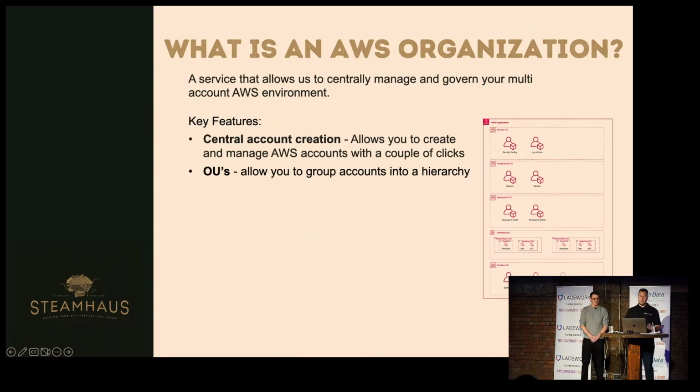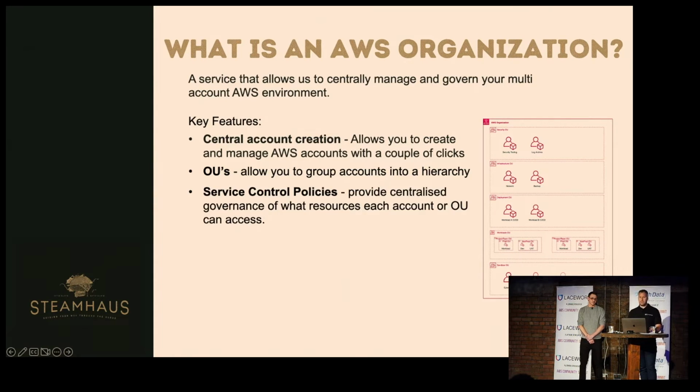We can also nest OUs as well. So we could create a workloads OU and then nest one or many workload OUs within that if you want to separate them out by team, for example. And then finally, we may have a deployments OU where we can centrally manage the deployments via different workload accounts.